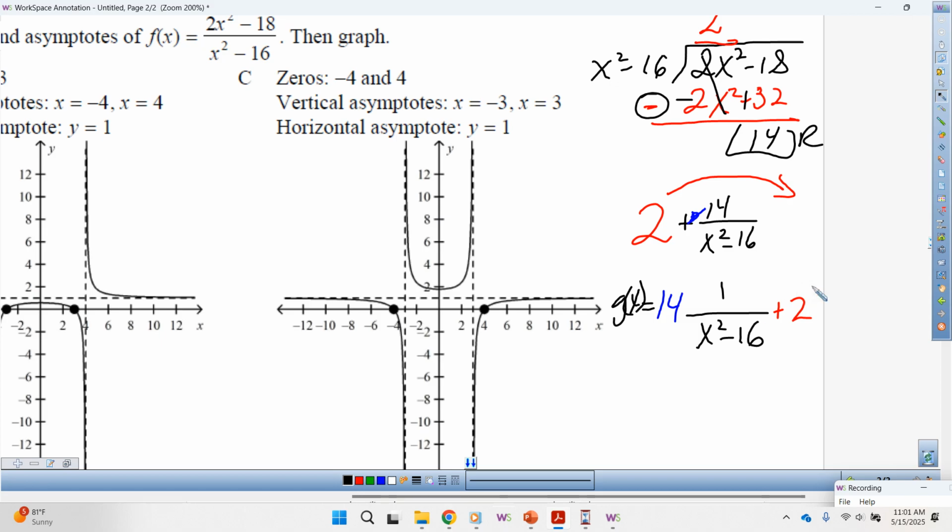So from here, find out our VA, x equals. What do we do to find the VA for that one? Tell your neighbor, and then Gio is going to enlighten us. All right, Gio, what do we do?